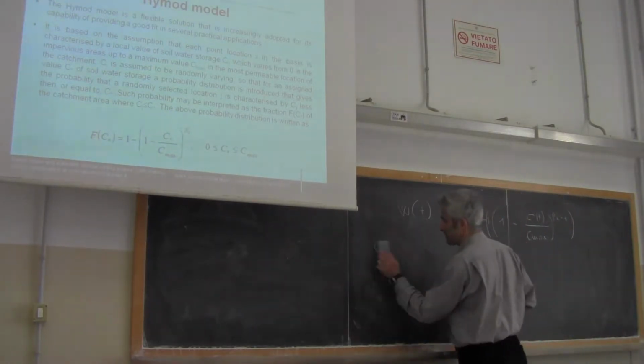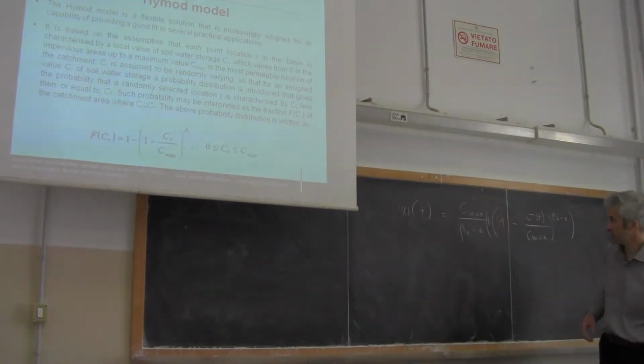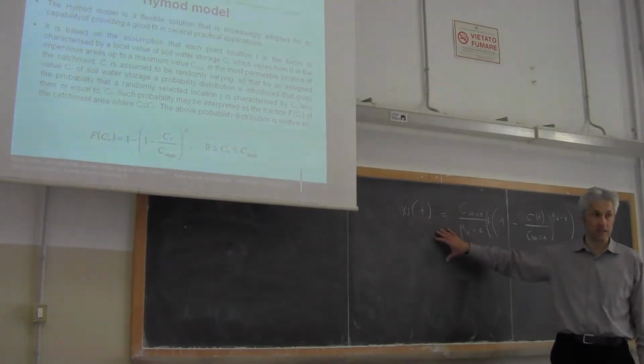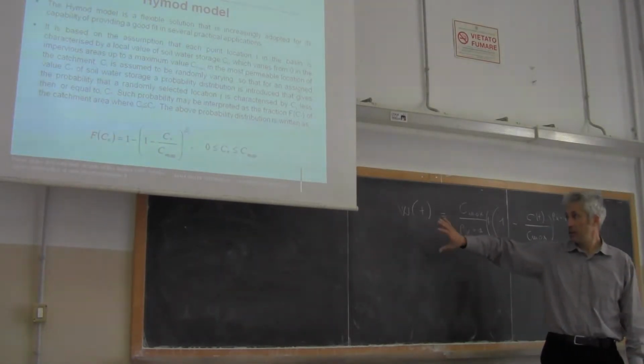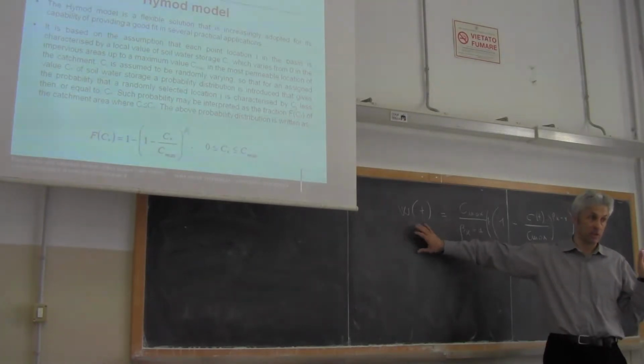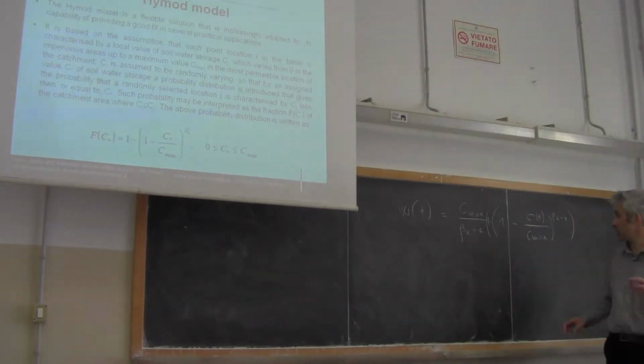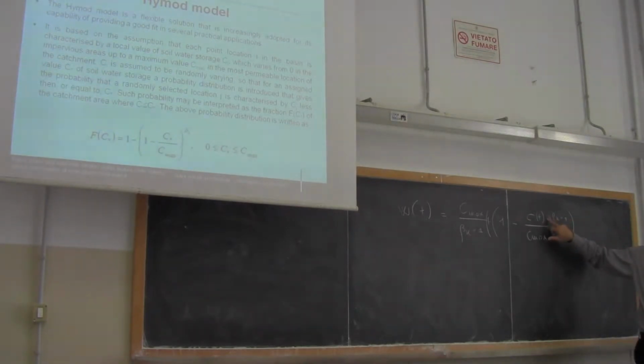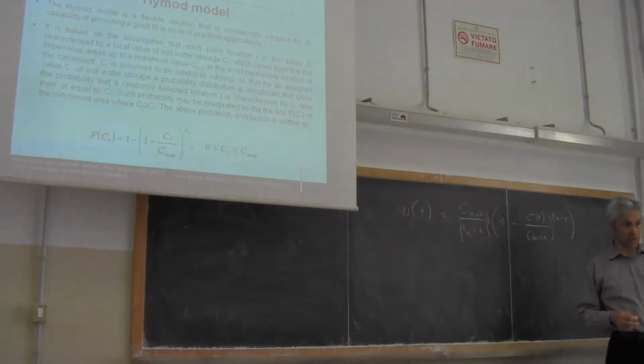Before inverting, let me emphasize one thing. We could, from here, estimate the value of the max storage in the catchment. In order to get the max storage, we have to equate Ct with Cmax. Cmax is the upper value of storage in the individual location where the max of water can be stored.